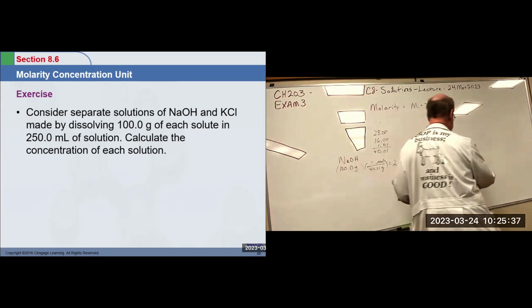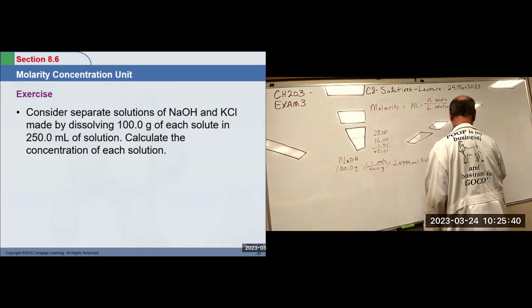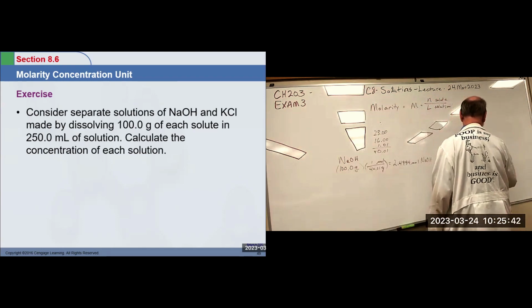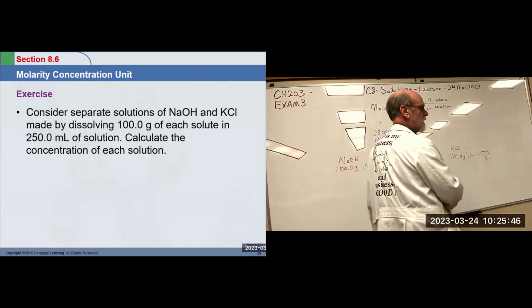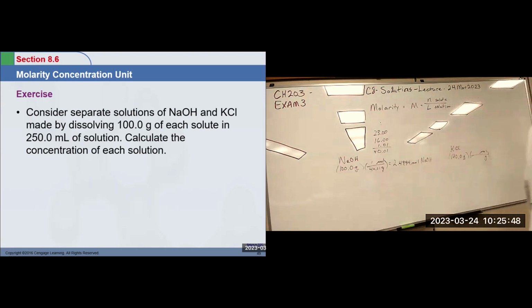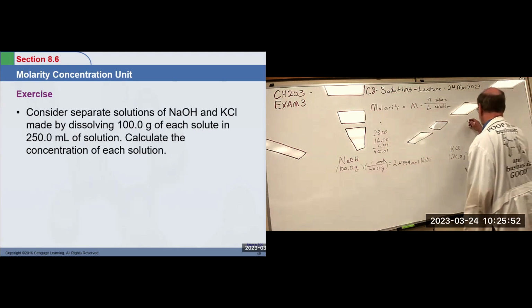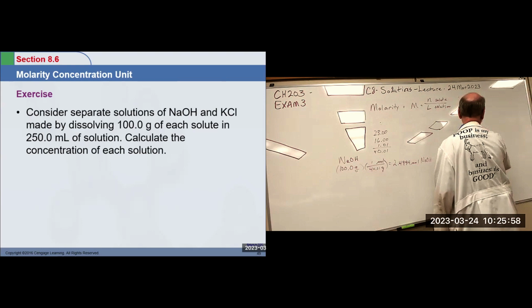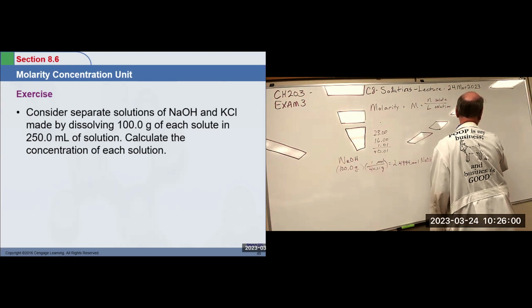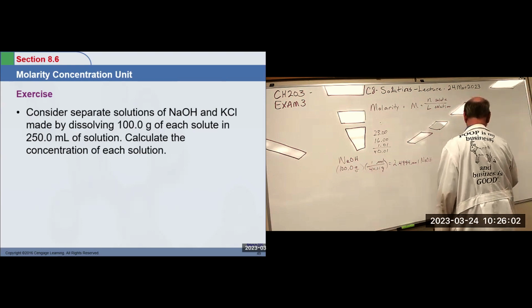Okay, now let's see how many moles we have of this one. Potassium chloride. Potassium's 39.10. And chlorine is 35.45. So we got 74.55.